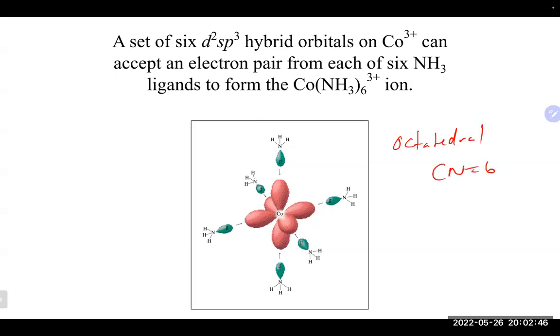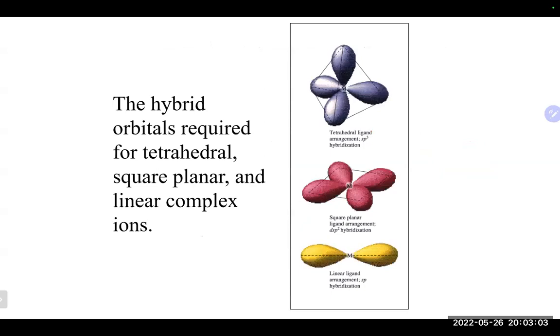Just like 6 electron pairs is octahedral, it's the same idea here. If you have 6 ligands directly attached, and in this case these are all monodentate, which means they bind once, that gives us coordination number 6 and that octahedral arrangement in three-dimensional space.